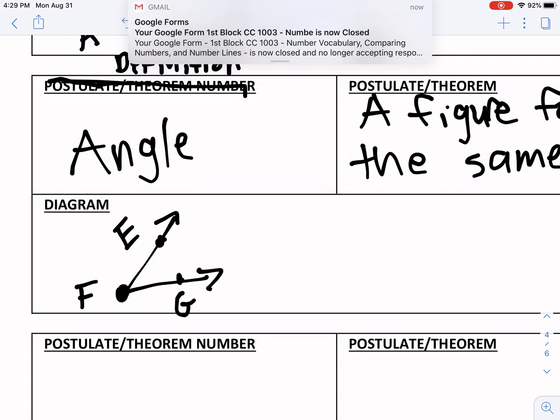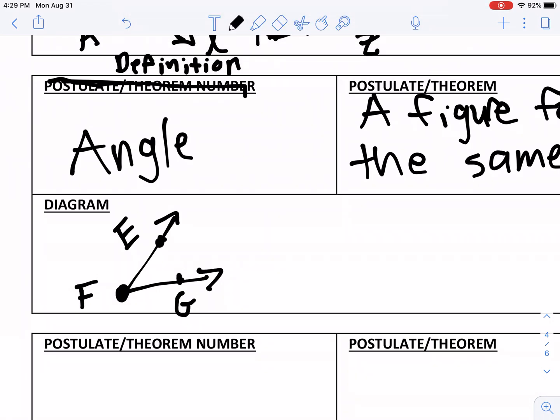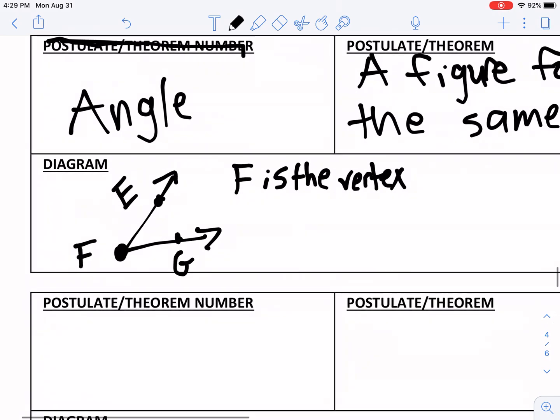Now let's break down the different parts. We are going to define that F is the vertex of our angle, and then we can also define the two rays as sides.